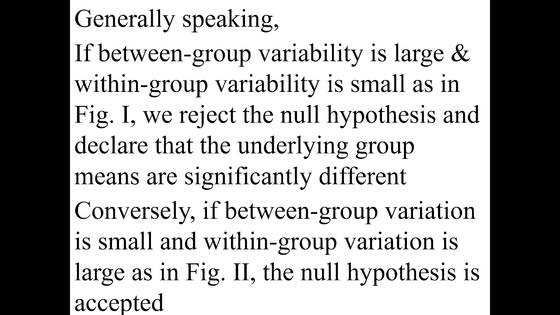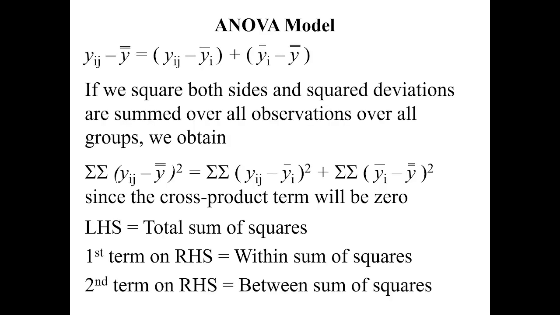Conversely, if between group variation is small and within group variation is large, as in figure 2, the null hypothesis is very much tenable, or we say the null hypothesis is accepted.